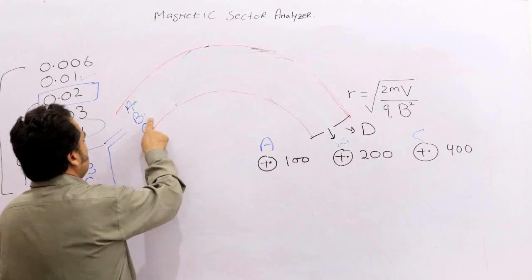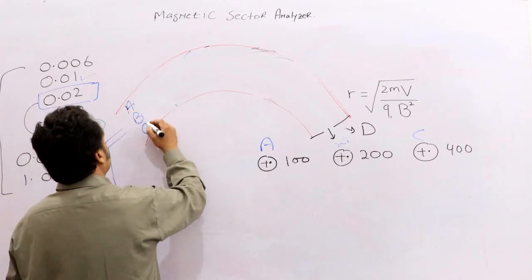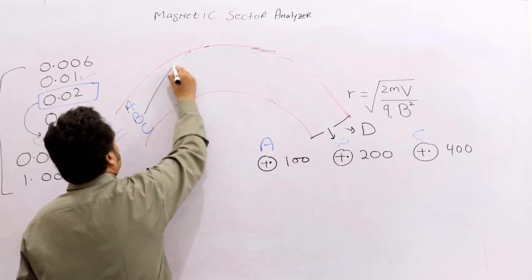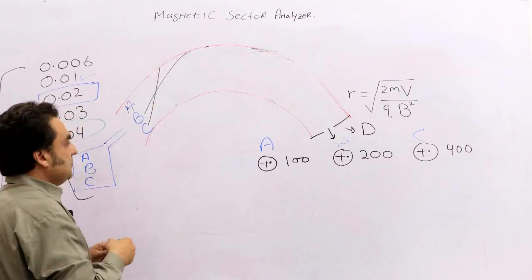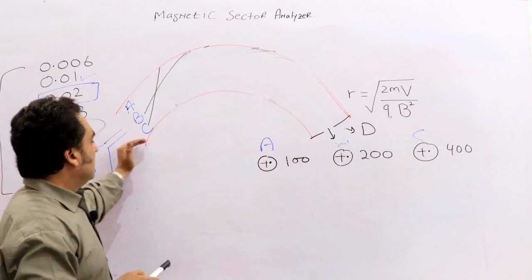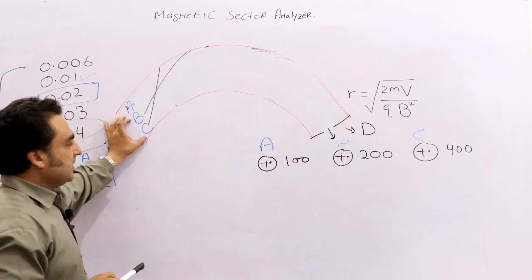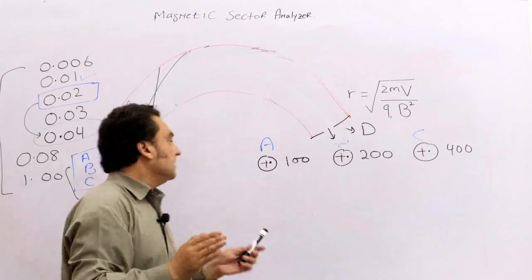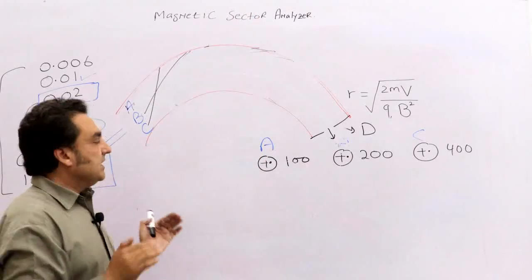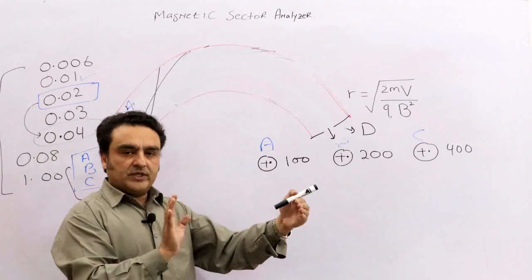As you know, C and B are heavy. B will be destroyed somewhere here, and C will be destroyed very near, because the heavy ones will make a bigger circle at a given magnetic field than the smaller one.